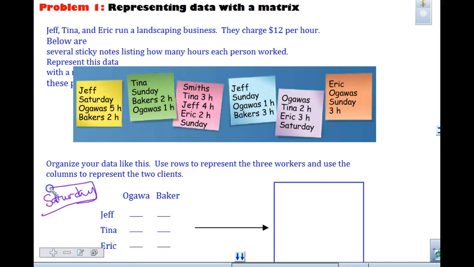So, if we're looking at Saturdays only, for Jeff at Ogawa, we put how many hours? 5. And Baker's? 2.